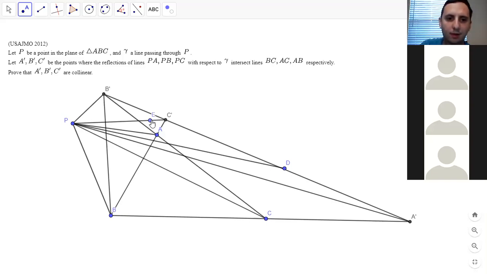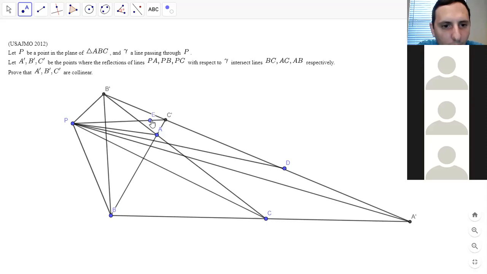And we all know that PC prime is isogonal with PC, and C prime also lies on AB. So C prime is equal to C double prime.